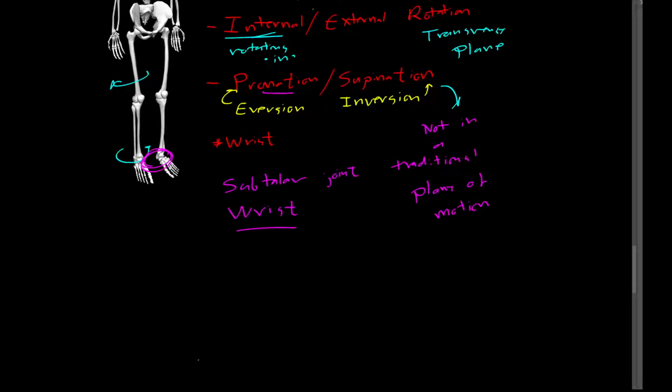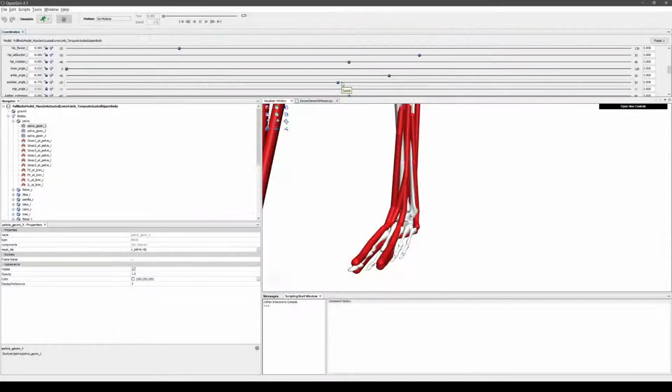But what I do want you to notice, and we talked about this briefly last week, let me grab the left foot's subtalar joint angle. You will notice, as I rotate it, this is not a rotation that's happening in any of the three planes of motion.